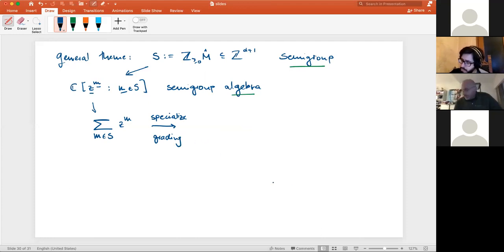Here's one example. In the Ehrhart case, we still sum over all of these, which are still vectors, but I'm only keeping track, let's say, of the first coordinate. Maybe I should use an x instead of a z, since we have several variables and single variables.